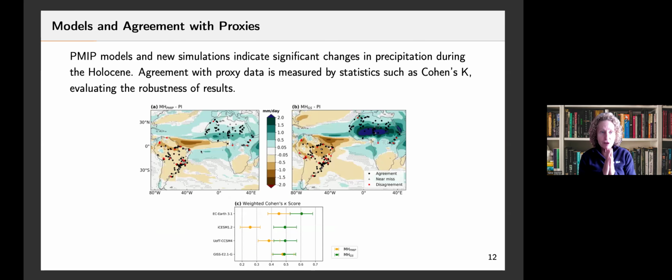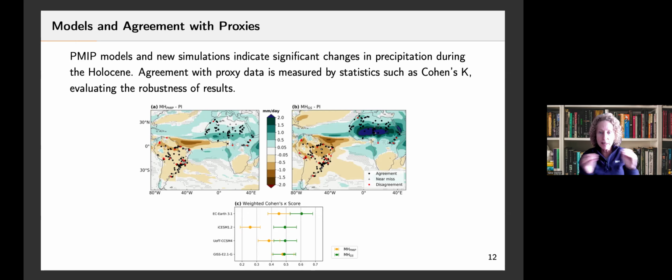And this is another example of how models compare with the proxy data. And it's really interesting. You can see on the left, panel A compared to panel B. So we're comparing these precipitation differences of the mid-Holocene relative to the pre-industrial.